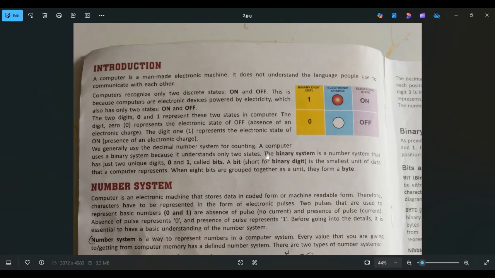So let's move forward. The binary system is a number system that has just two unique digits, 0 and 1, called bits. So 0 and 1 is called a bit. A bit is the smallest unit of data that a computer represents. When 8 bits are grouped together as a unit, they form a byte.